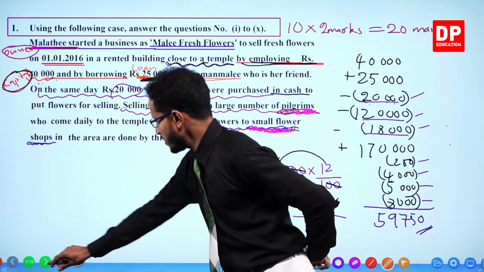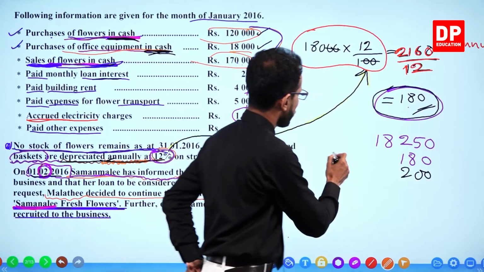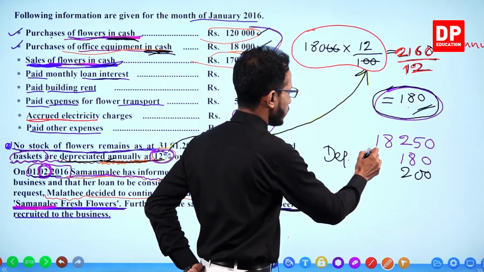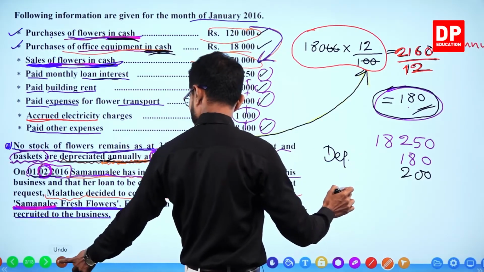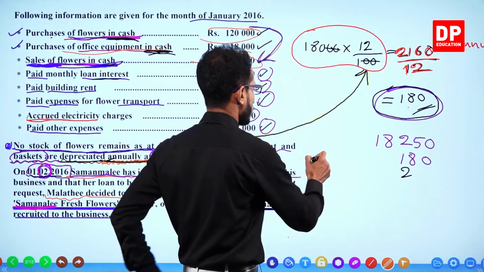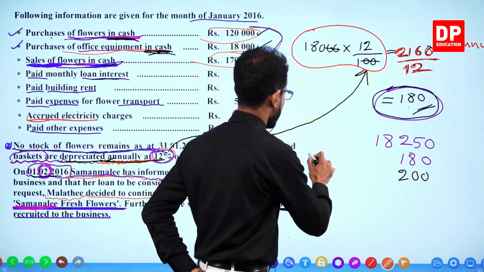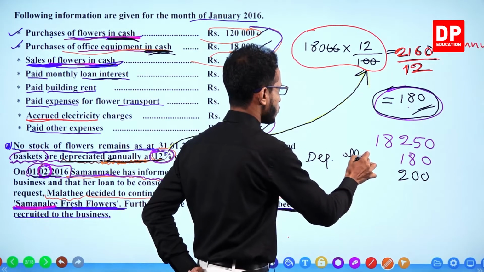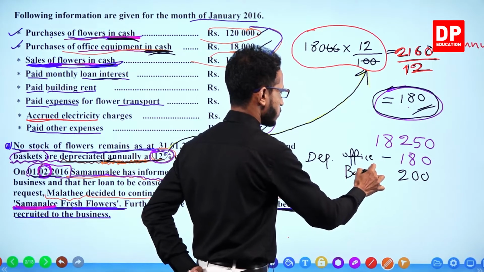So 200 must be added to this because that is the depreciation of office equipments, this is baskets.